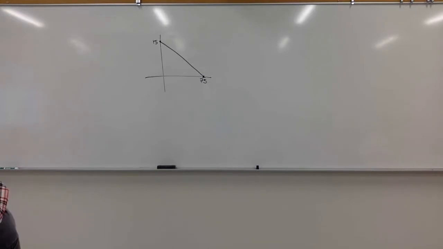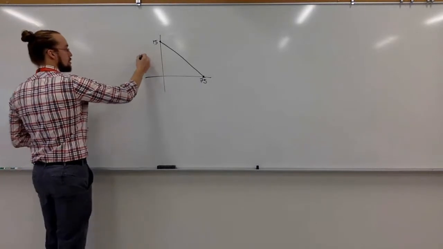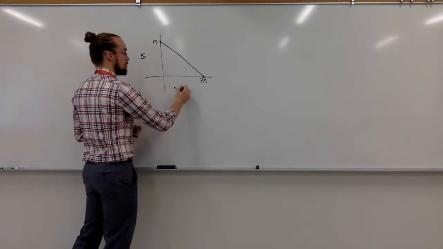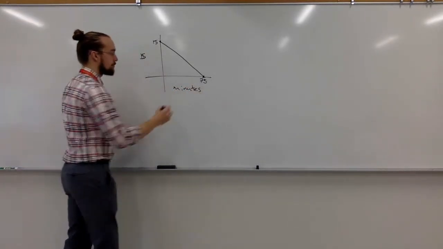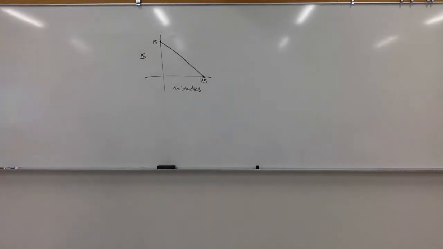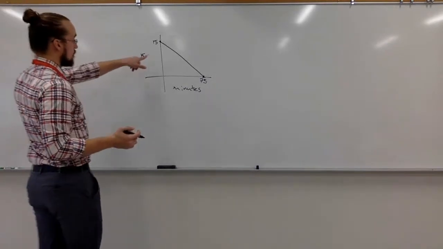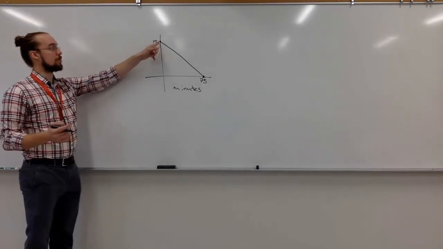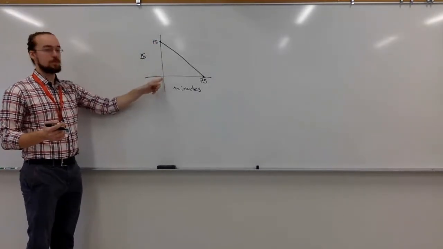all right, so this is our graph, and let's see, so this is dollars and this is minutes. So parts A and B just ask, well, what do the two intercepts represent, right? What's the y-intercept? What's the x-intercept? Right, so the y-intercept would be $15 and 0 minutes, right?